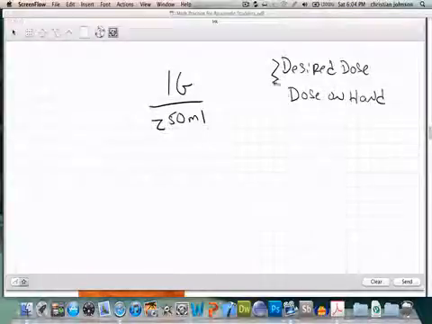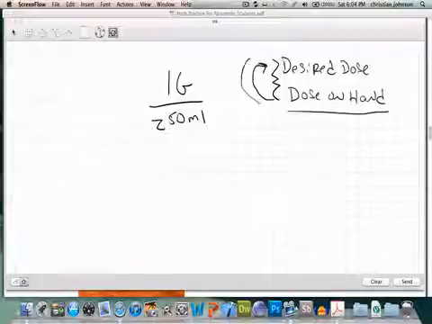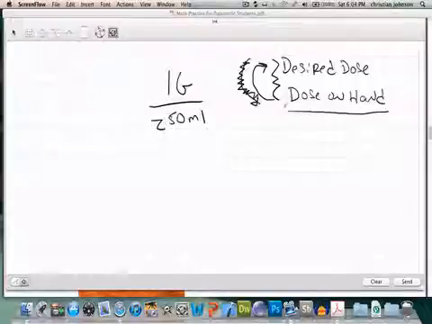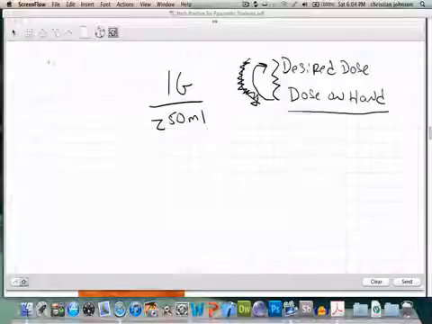These are the two we're worried about right now. We always want to convert our dose on hand to our desired dose. Never the other way around. Whatever my desired dose wants to be, then I need to convert my dose on hand to that. And we'll notice that my math problem said that I need to give 2 milligrams per minute.